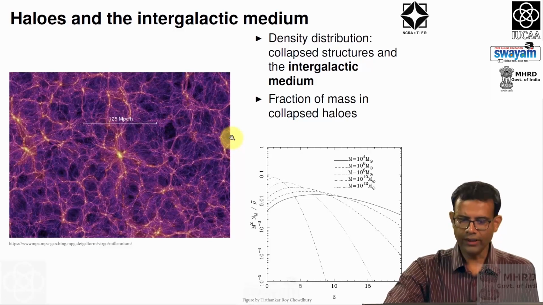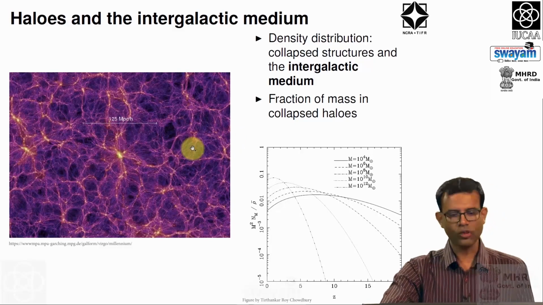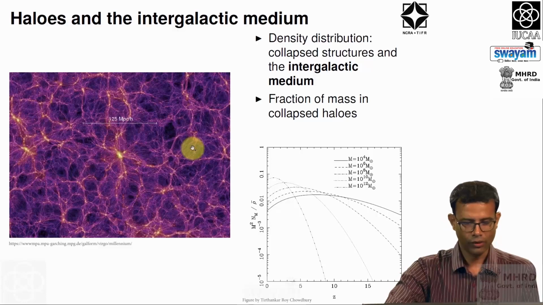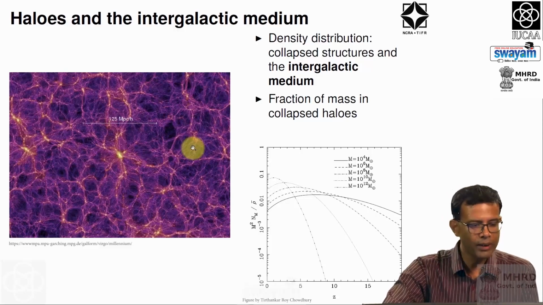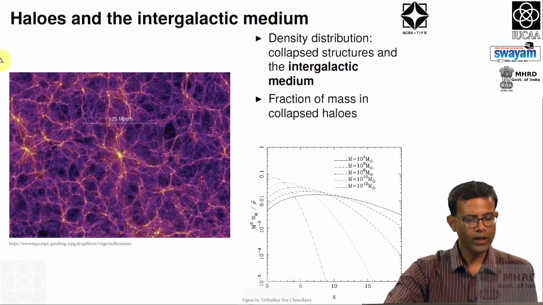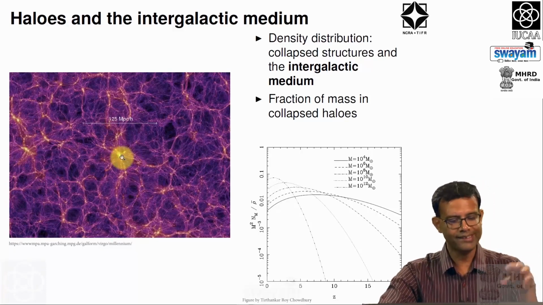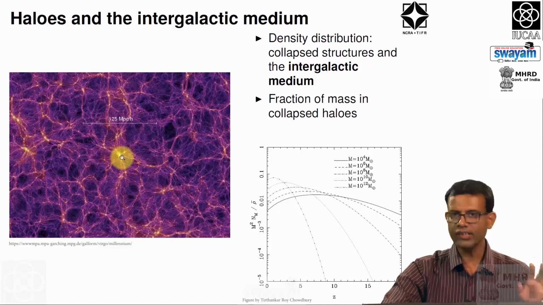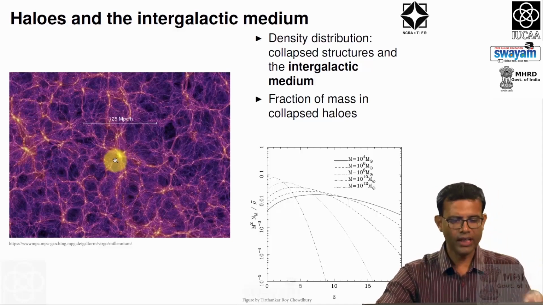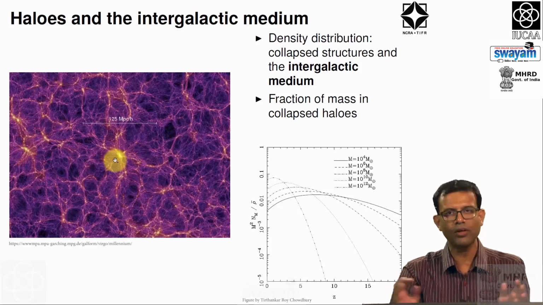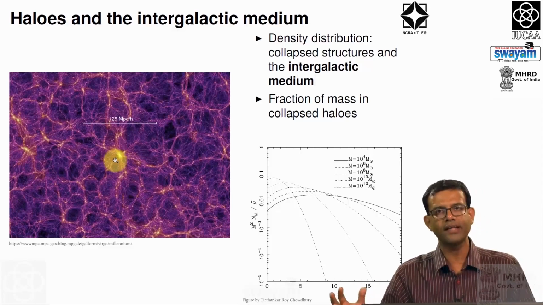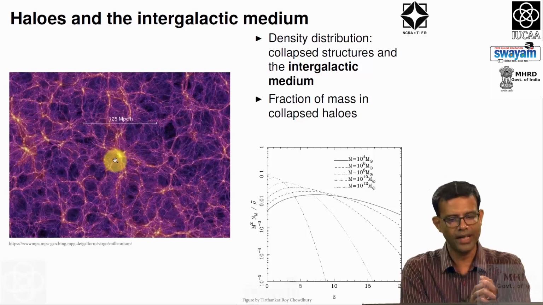Now, is this all about the cosmic structures and so on? Can we do a bit more? In fact, if you look at the simulations, what you see is there are these dense structures. In the spherical collapse language, these are structures which were initially expanding with the universe, then they turned around and collapsed and became very dense.